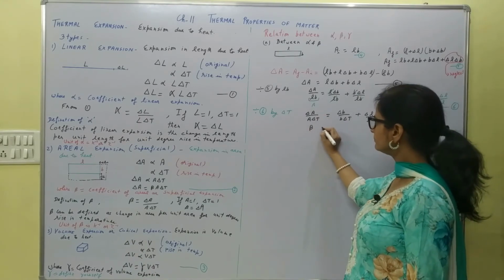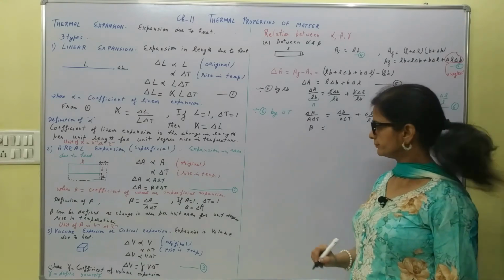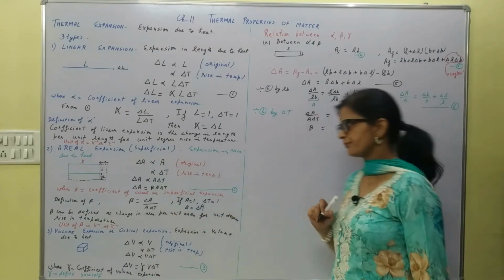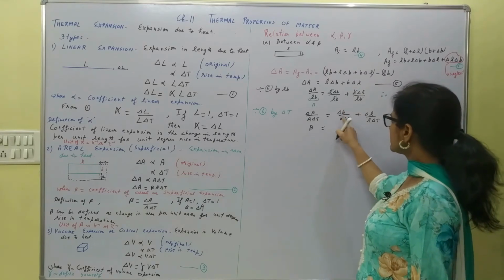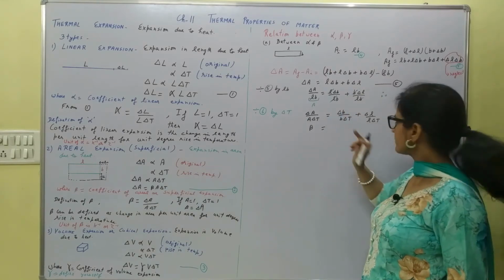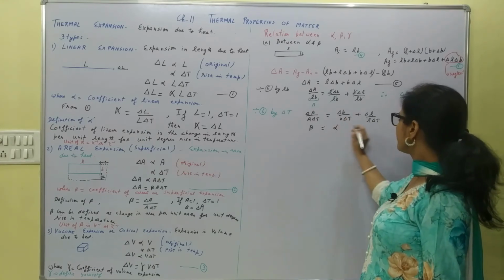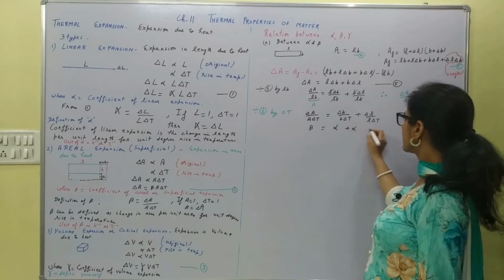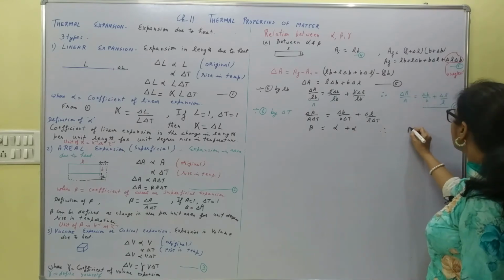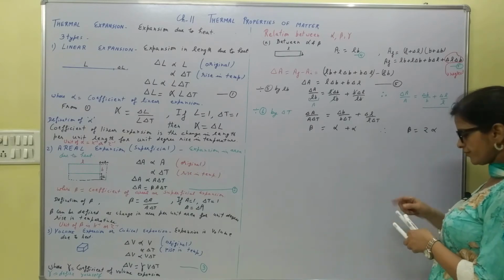This is beta from equation 2, and breadth is also length now. There will be linear expansion, so this change in length upon original length into change in temperature is alpha, this is also alpha. So therefore beta is equal to 2 alpha. This is an important relation.